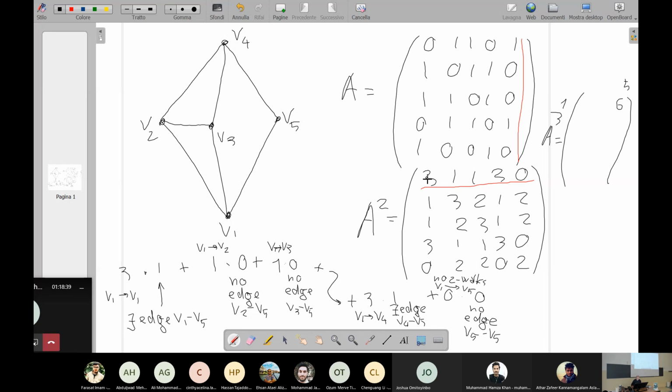But this is nothing but the natural inner product of this 5-tuple with this 5-tuple, meaning exactly this element here in the row by column product of A squared times A. Okay? It's not important, but you can check that this is actually the matrix of the 2-walks. We have assumed it in our proof as the inductive hypothesis.